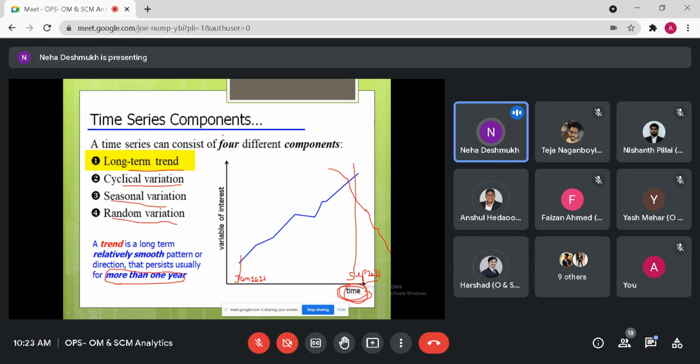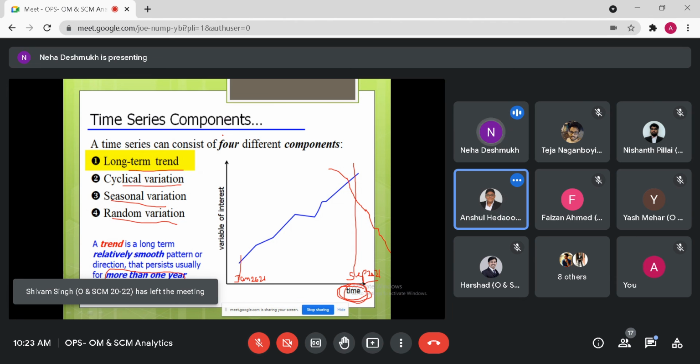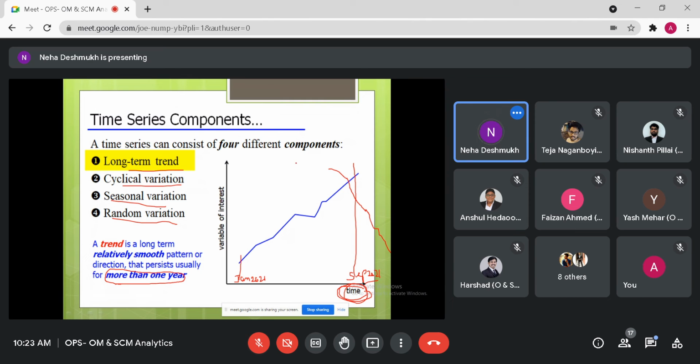Yes. This is the theoretical concept which I have told. Ma'am, can you explain that cyclical variation once again? Yes, these are the names only, I'm coming to them. So this is the trend. What exactly is the trend? From the last 2 months, my cutoff is somewhere here.